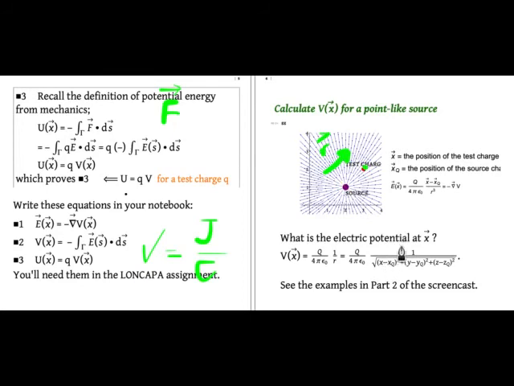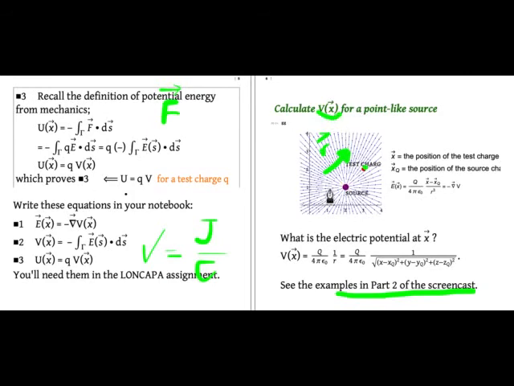I get that minus sign. The numerator here will be x minus xq, which is just the x component of this vector. All right, so there'll be some examples in part 2 of the screencast where you have to relate the potential function to the electric field function.